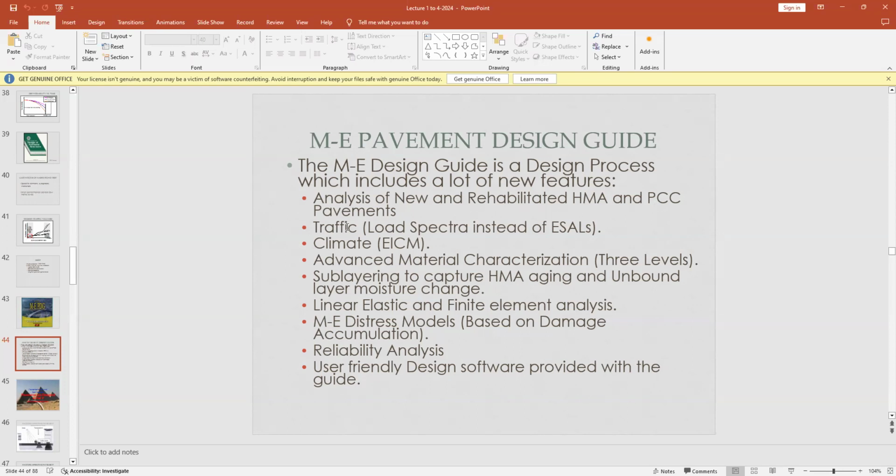Maybe someone has done it. Then the problem with HMA is that even if you design for 50 years, it is not going to last 50 years, because asphalt has its own aging problem. Asphalt is extracted from a petroleum product, and petroleum has volatiles.